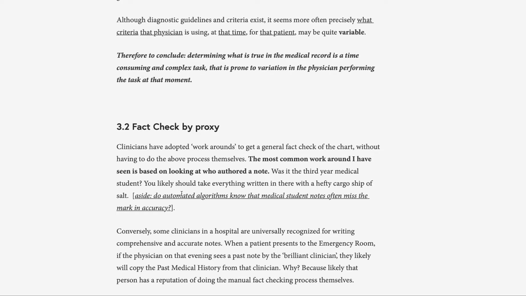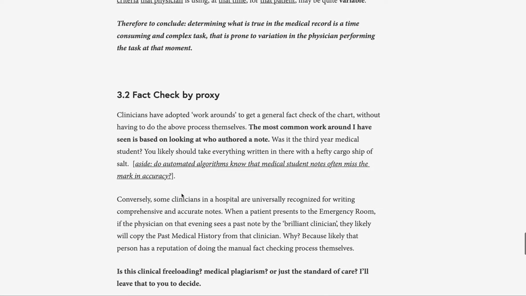And so if a patient were to present to the emergency room, the physician on call may go to see the patient and then open up their record at the same time, find a note which was written by one of these brilliant clinicians, and essentially copy the past medical history from the other clinician and assume that because that physician's name and signature is on the document, that therefore the past medical history as described is complete and accurate, and therefore essentially copy it over without having to repeat the manual fact-checking process.